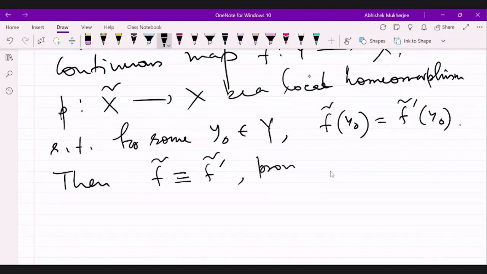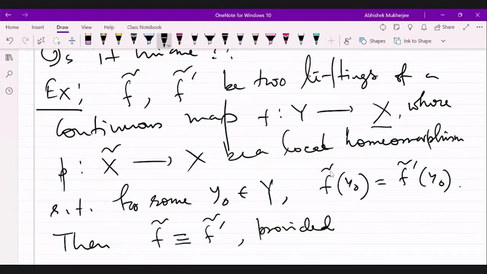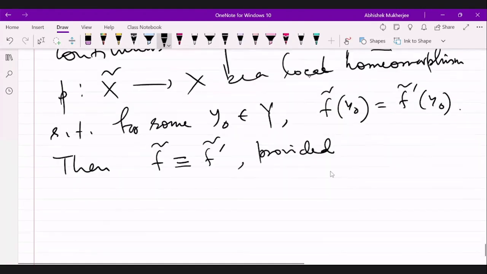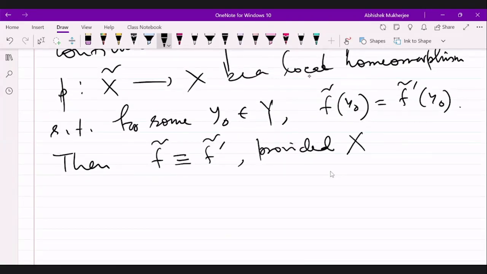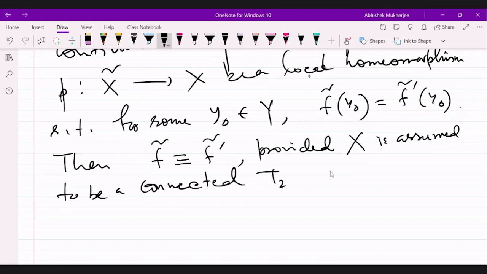Provided we need to use that this Y should be a connected T2 space, right? So this is provided Y is assumed to be a connected T2 space.